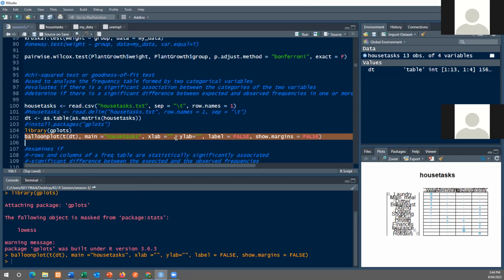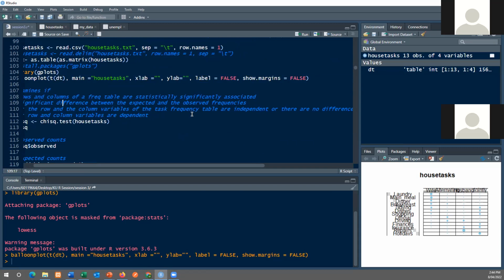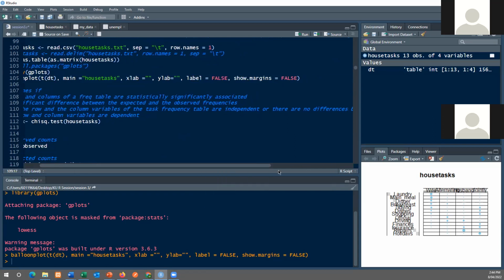Now we are examining a statistical significance test. In this case, we check whether rows and columns of the frequency table are statistically significantly associated. We are checking whether the row and column variables of the task frequency table are independent, or alternatively, that there are no differences.